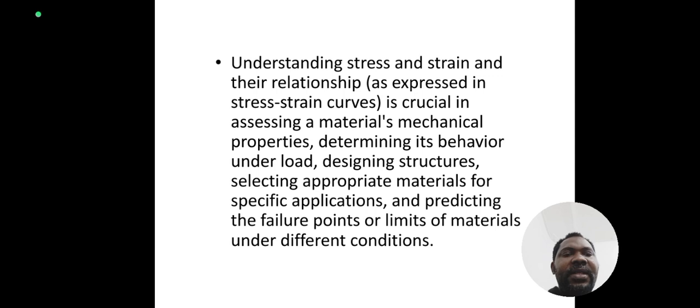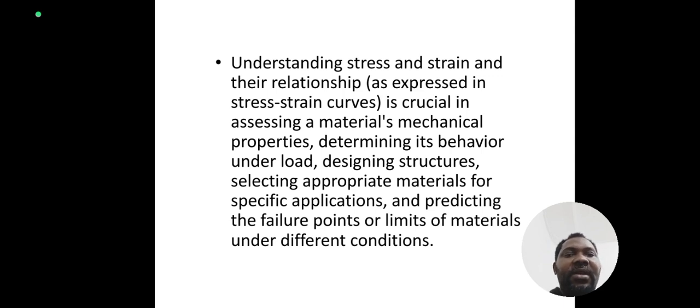Now, understanding stress and strain and their relationship as expressed in the stress-strain curve is crucial in assessing a material's mechanical properties, determining its behavior under load, designing structures, selecting appropriate materials for specific applications, and predicting the failure point or limit of a material under different conditions.